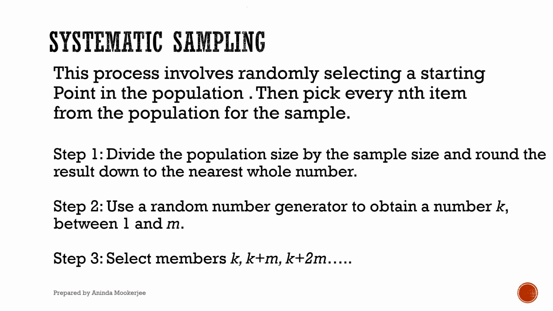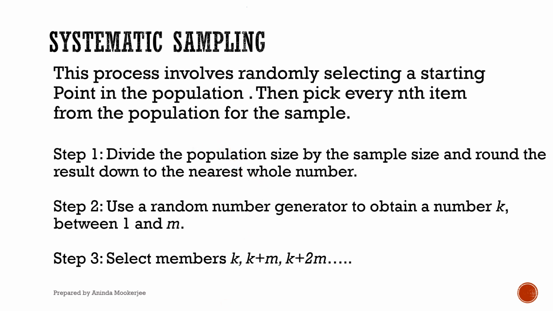We are now going to understand the process of systematic sampling. It says here this process involves randomly selecting a starting point in the population, and then we pick every nth item from the population for the sample. I'm going to illustrate this with a simple example.